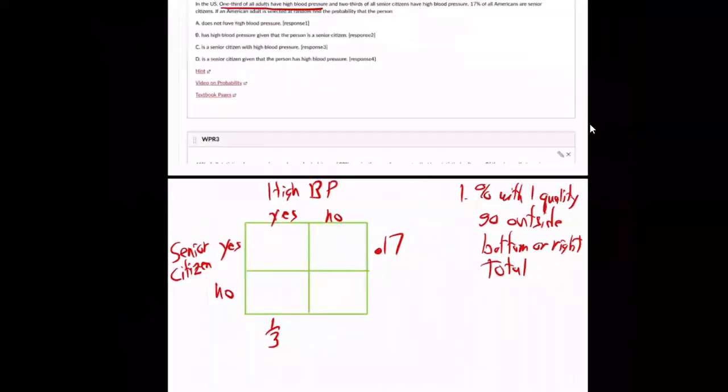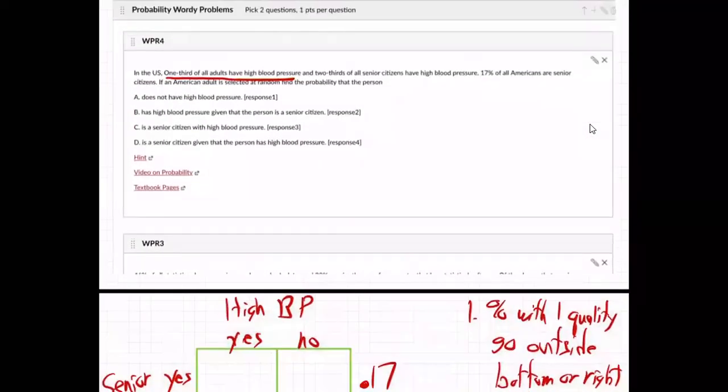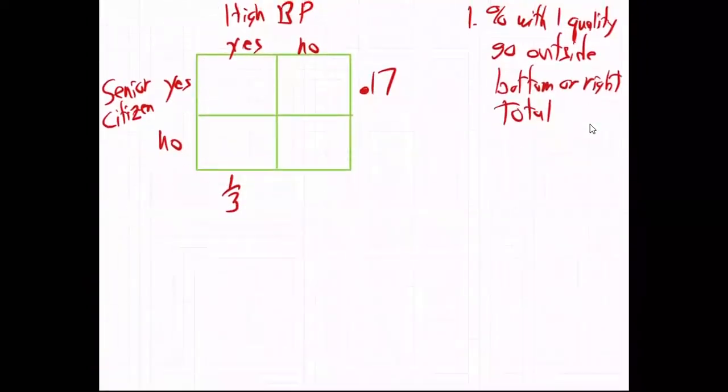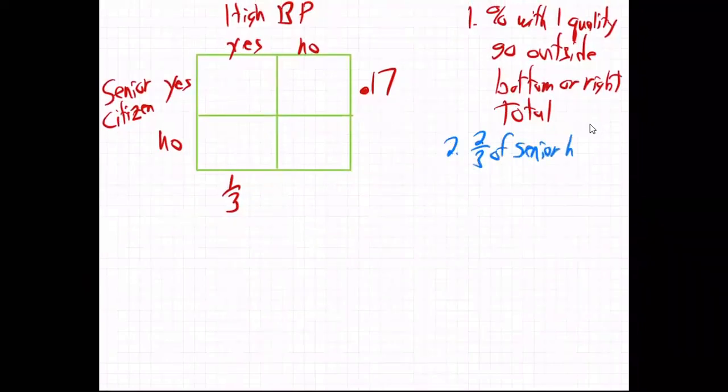Okay. And now the second step is this tricky little phrase right here. 2/3 of all senior citizens have high blood pressure. Okay, that's the trickiest part right there. 2/3 of the seniors have high blood pressure. So let's do that. 2/3, what is of? Times.